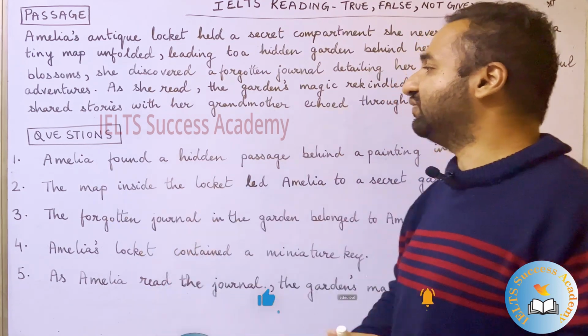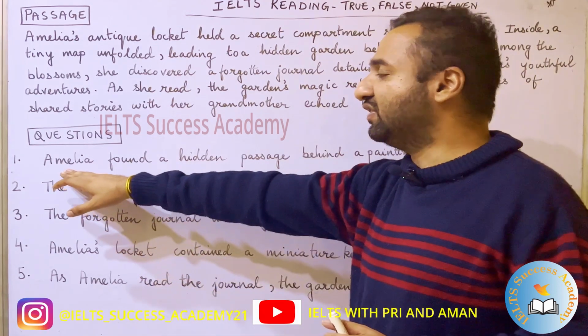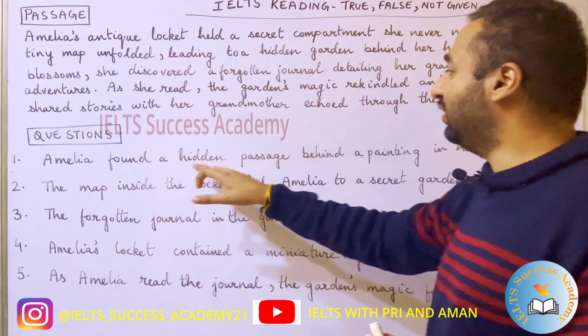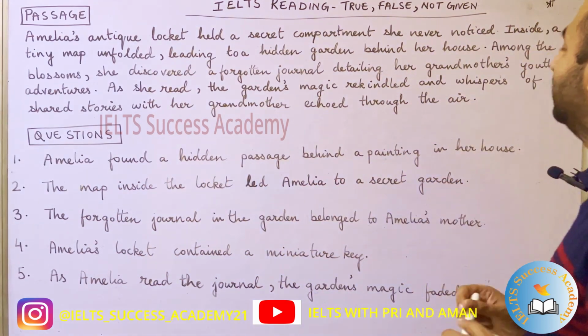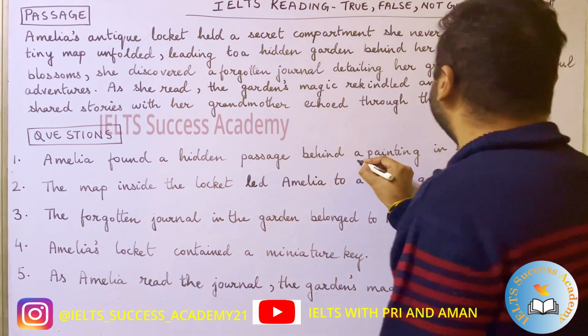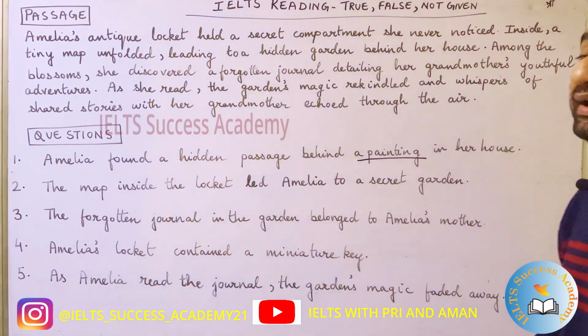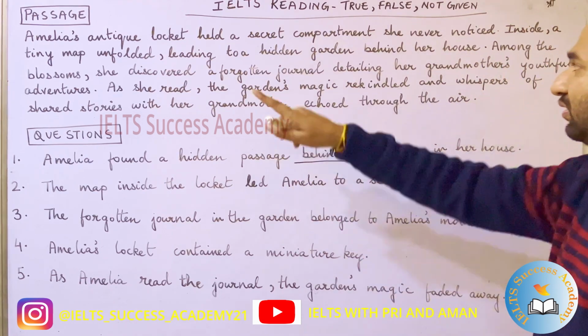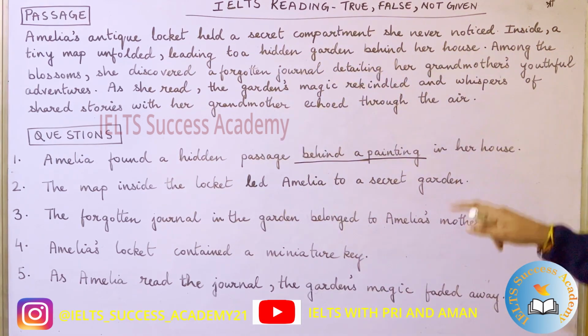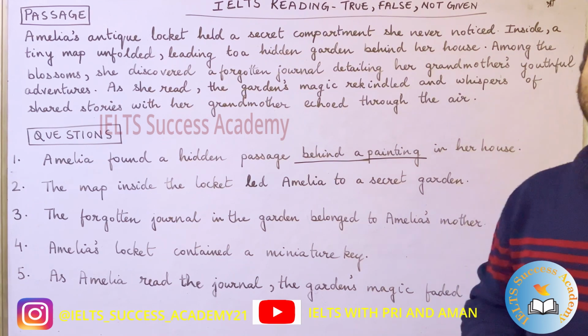So let's look at the question first. The first question is: Amelia found a hidden passage behind a painting in her house. The keyword is behind a painting. Can you see the words behind a painting?